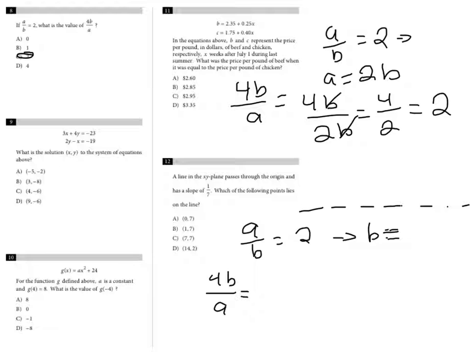Now, this one may not be as intuitive to see, however, both ways work. So same thing like I did in this other one. I solved for A, and I plugged in A to my denominator. Same thing here. I have 4 with my B on top, so instead of writing B, I will now write A over 2, and then just keep my A on the bottom.